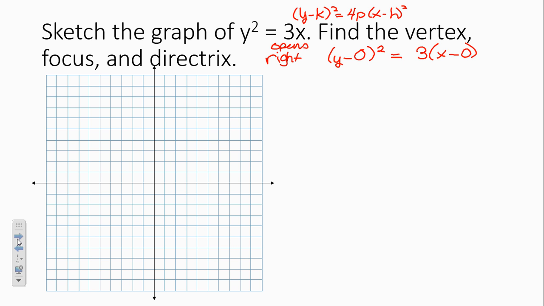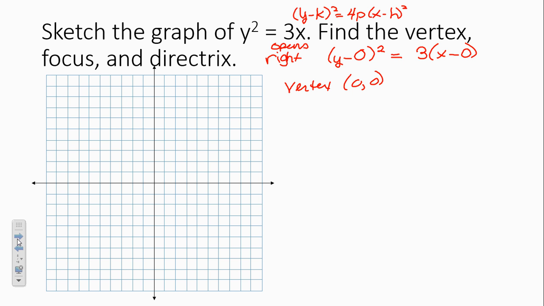So 0 is our k. There's nothing being subtracted or added to our x, so 0 is our x. So where's our vertex? The origin. Yep. Okay, vertex at 0, 0.